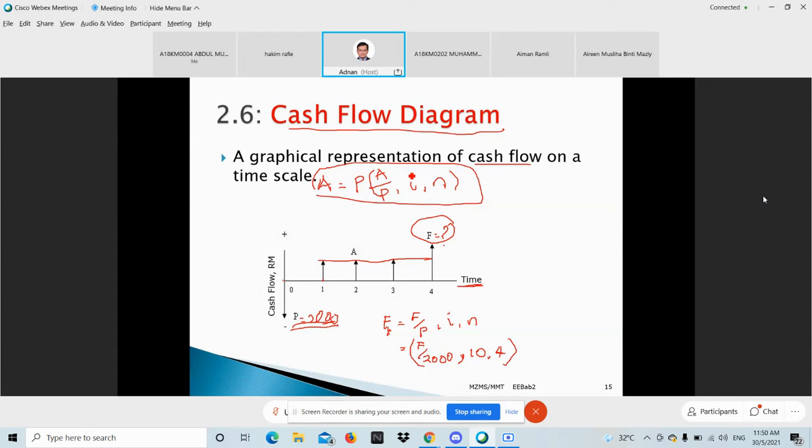Okay, faktor yang kita boleh dapatkan daripada formula. So begitu juga di sini. Okay, di sini pun kita akan ada nilai P-nya. Okay, yang kita nak tahu ialah the future value.